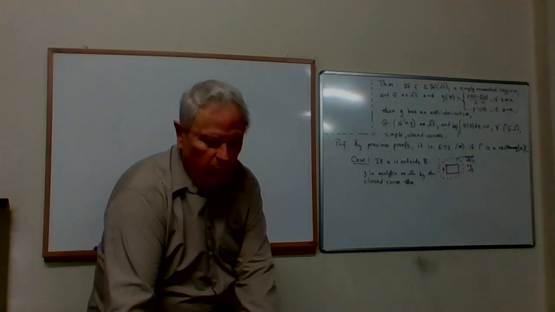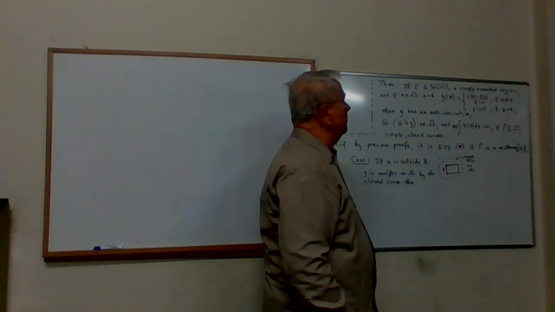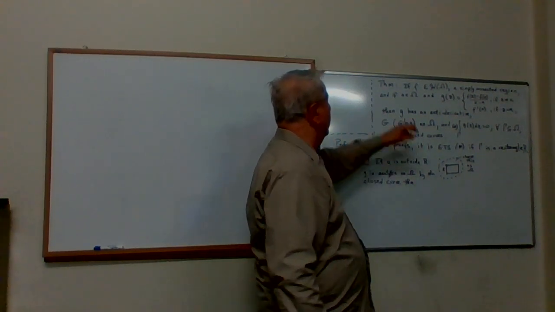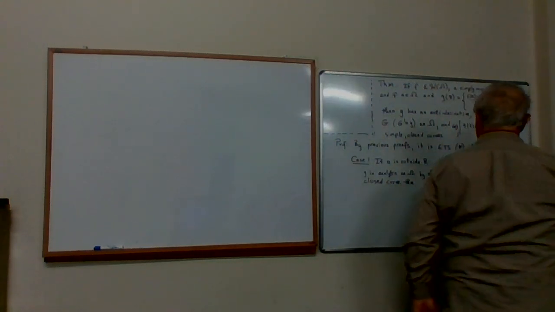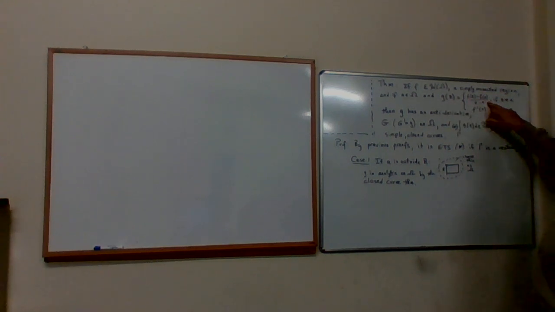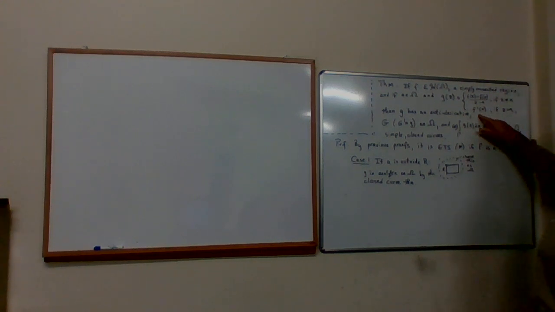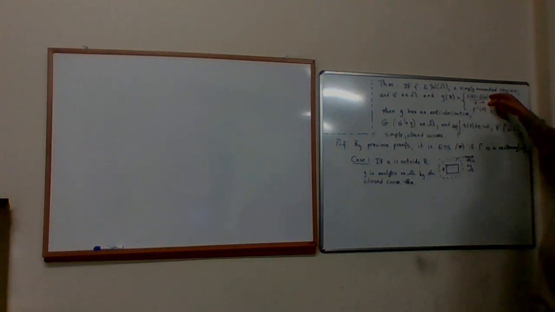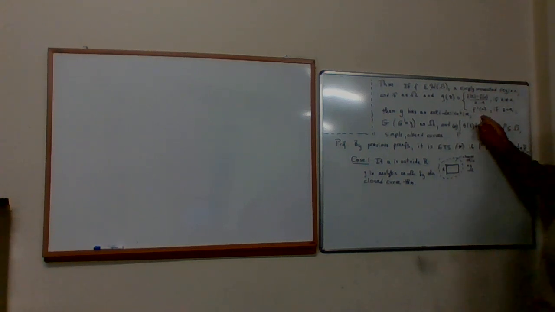We were proving this theorem, that if f is holomorphic on some simply connected region omega, and if a is any point in omega, then if I define this new function g of z to be f of z minus f of a over z minus a, provided that z is not equal to a, and if z is equal to a, I just make it the derivative, because you'll notice that the limit of this difference quotient as z goes to a, if that limit exists, is the derivative.